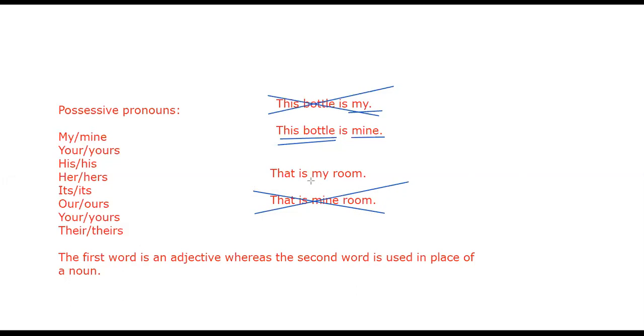Mine is meant to replace a noun. It can't describe a noun. Or rename a noun, I should say. It can rename a noun or replace a noun, however you want to say it, but it can't describe a noun. But my can describe a noun. So in this case, my is describing room because the room belongs to me. And there you go. So my room, the whole thing, my room here, renames that.